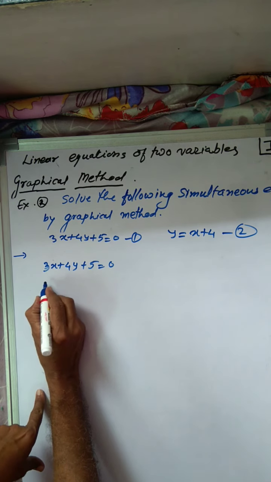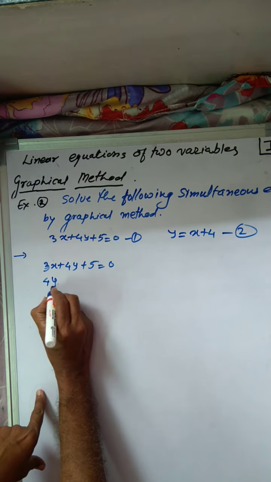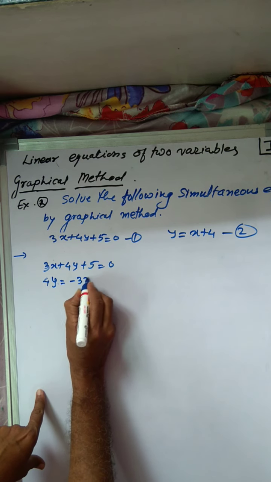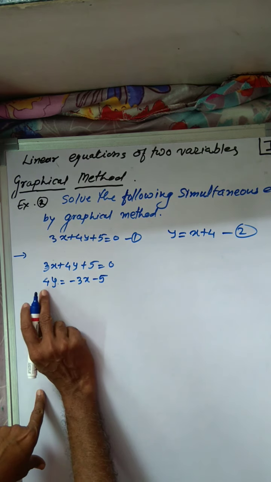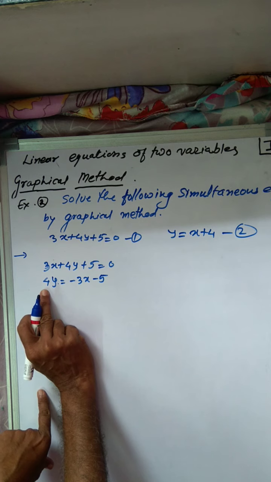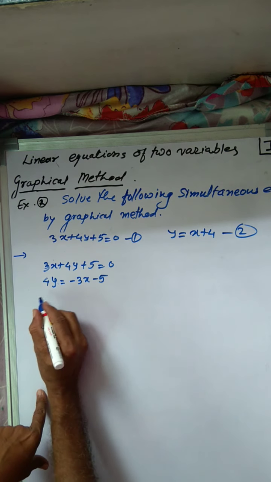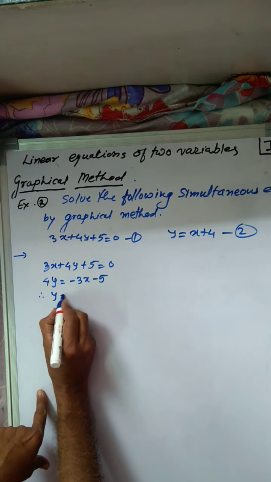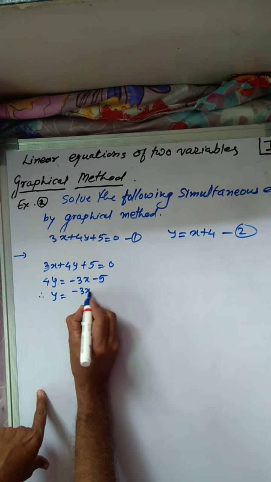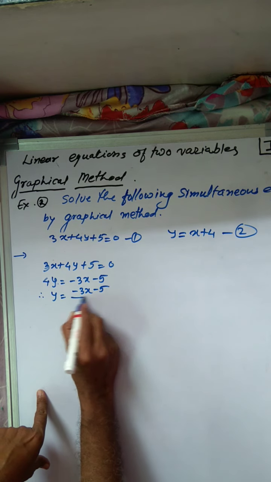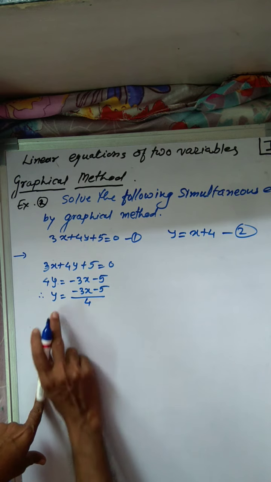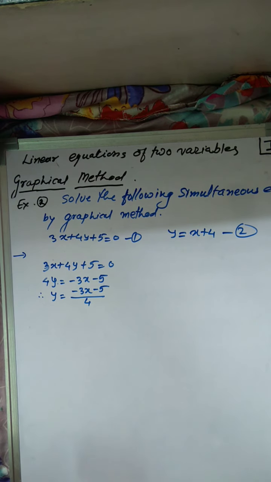We take the 3x, hence we get 4y is equal to minus 3x minus 5. Now 4 is the coefficient of y. Take that to the other side, we get y is equal to minus 3x minus 5 upon 4. Now this equation gives the value of y in terms of x.